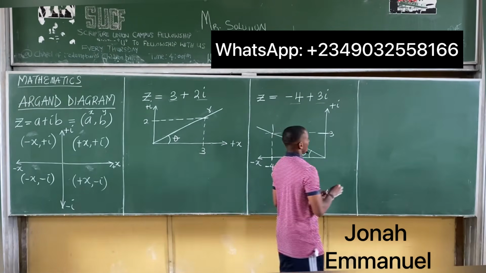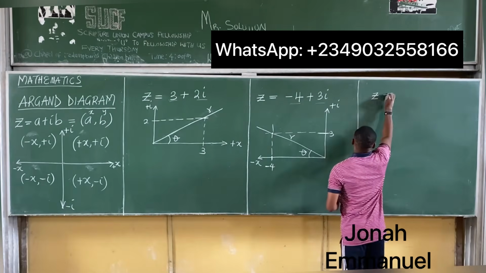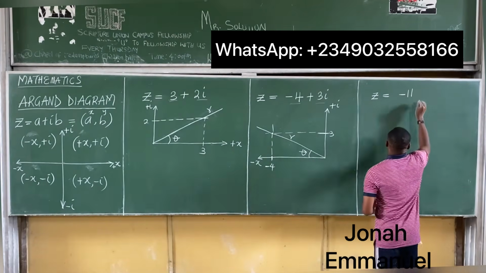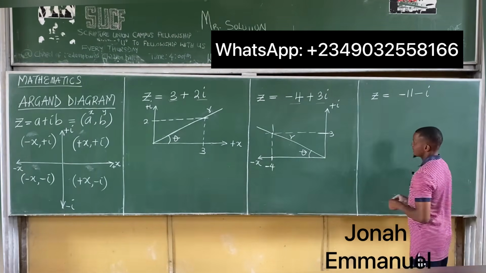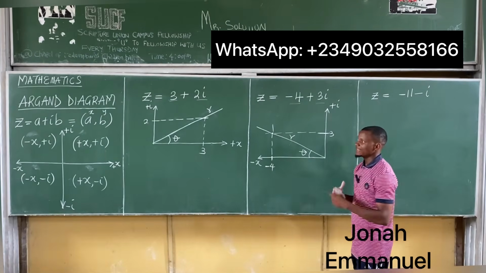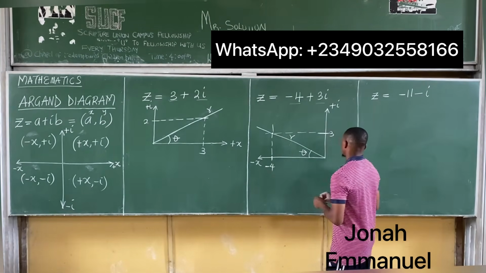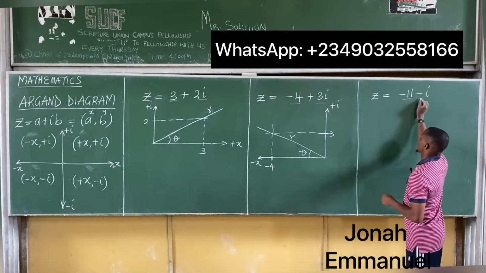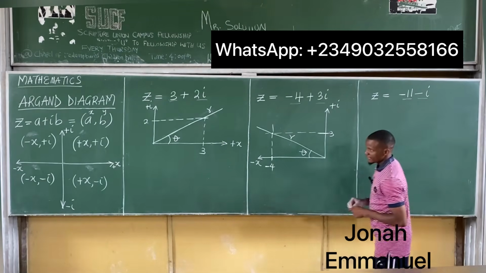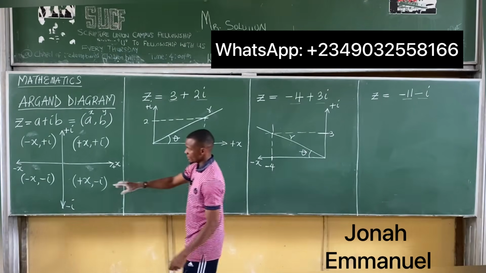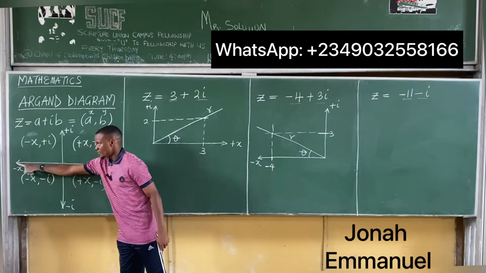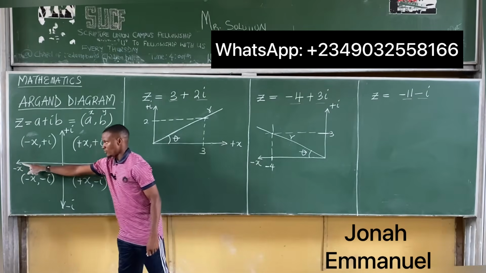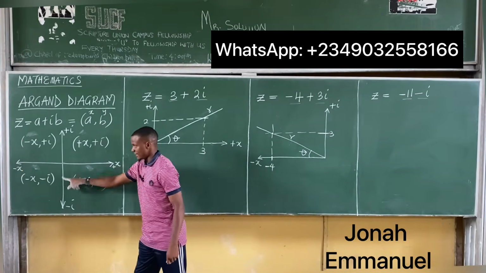One last thing there. Let's say I'm given z as equal to minus 11 minus i, for instance, and I want to do the Argand diagram sketch. If I look at this, this is a negative x and negative i. Negative x, negative i, this is the quadrant, this one here. So you can see the motion, the way of drawing this, like this and like this.